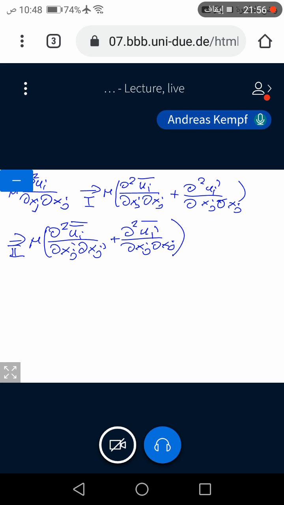So this is fairly nice because here again I have this double average, which is the same as single average. And here again we have the mean of a fluctuating quantity. So we can simplify the whole thing and get mu del squared of u bar del xj del xj.